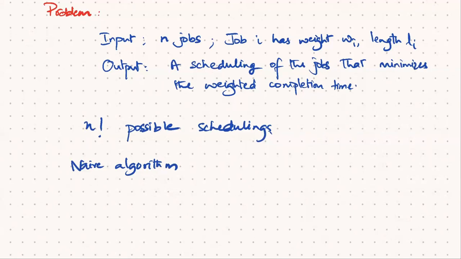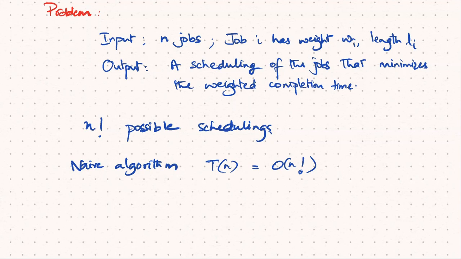So it's clearly correct, but the runtime of this naive algorithm is n factorial. It's worse than exponential, it's not something that we can work with in practical cases.